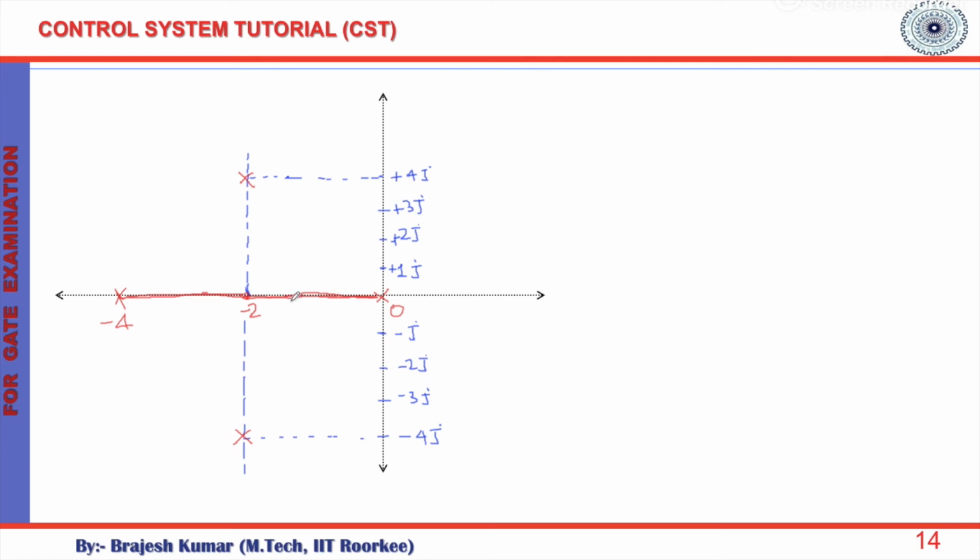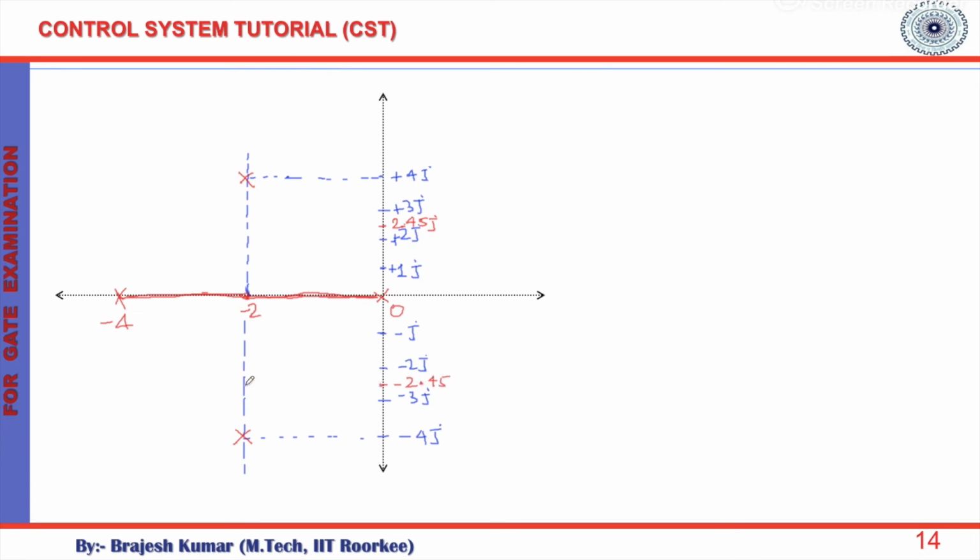Now we come to know that we have three breakaway points. One breakaway point is at -2, and two other breakaway points also lie at -2 plus/minus 2.45j. So 2.45j I am going to mark here, and accordingly here it will be minus 2.45j.